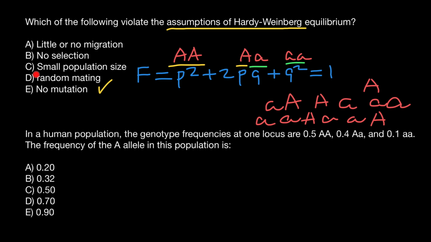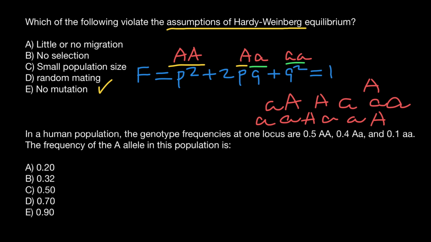And let's check random mating. Of course, if we have random mating, then it meets the requirements of Hardy-Weinberg assumptions, because in random mating we expect that this ratio is also going to be stable from one generation to another. But imagine if mating were not random, or assortative mating.